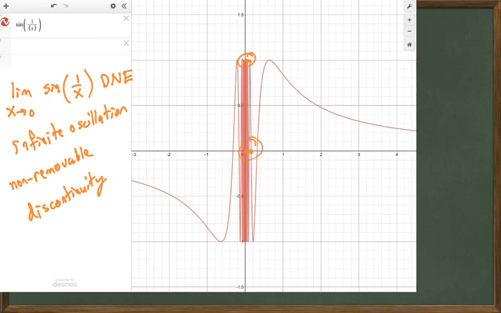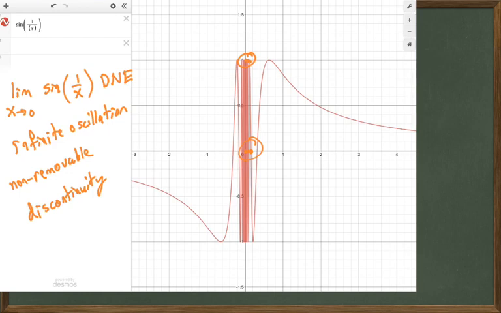If you have two different subsequences of a sequence going to different locations, then the limit of the sequence doesn't exist. This can be done sometimes in Cal 2, but probably more in upper division mathematics, to show that this limit doesn't exist, and we say more than just an infinite oscillation.